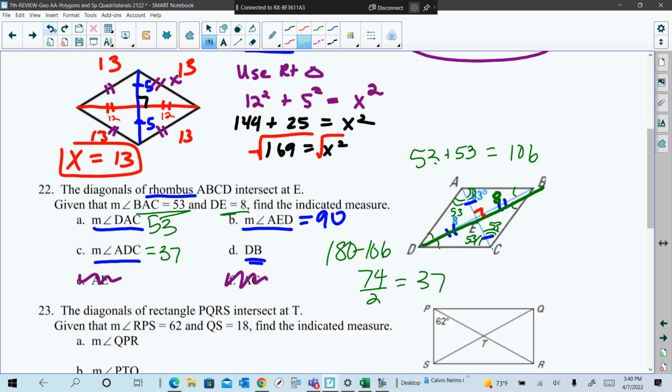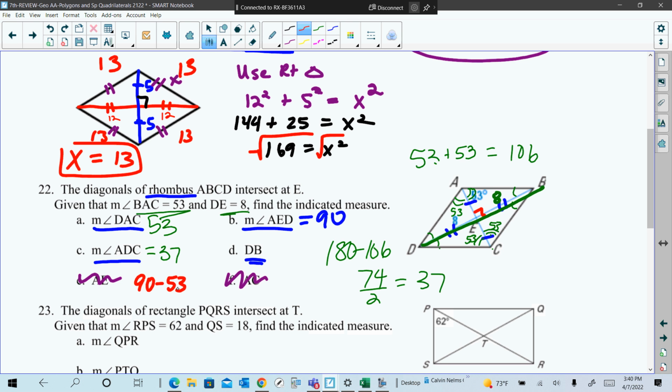Our AED, we still need help with, seeing the angle. Trace the letter, stop at the middle letter. That was 90. And then ADC was 37. To get to the 37, we just did 90 minus 53 because there's 4 right triangles there.